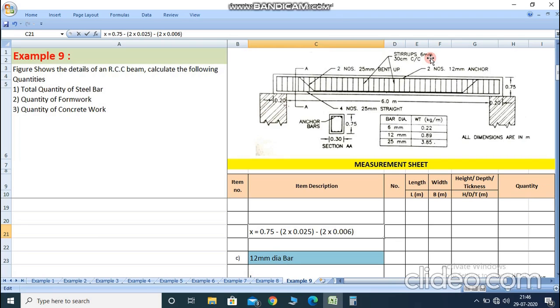And then minus 2 times half of the diameter of the bar. Here the main bar is given, 25 mm diameter bar. Here this 25 mm diameter straight bar is given, so minus 2 times half of the diameter of the bar.